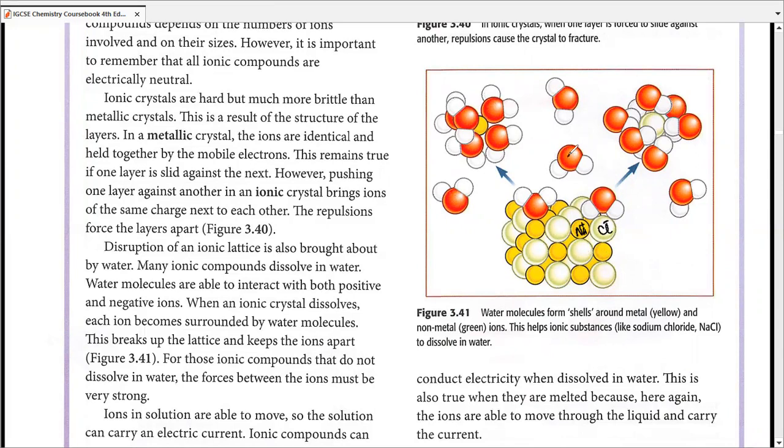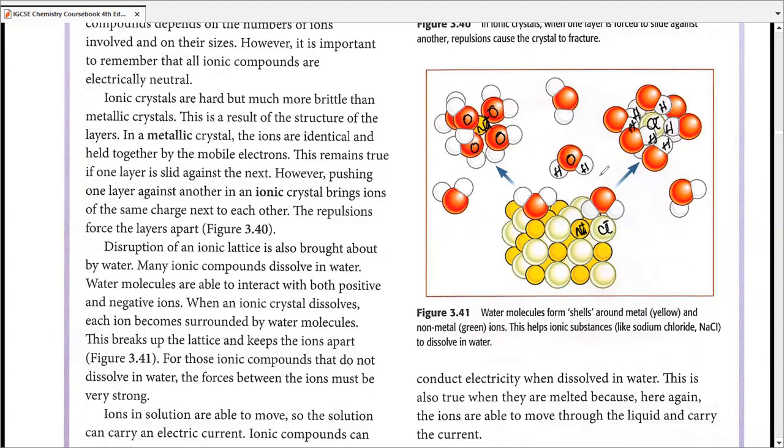On the other hand, the red one represents oxygen and the white represents hydrogen. Take a look. When a sodium ion is separated, it is surrounded by oxygen atoms facing toward it. And when a chloride ion is surrounded, it is surrounded by hydrogen atoms facing toward it.